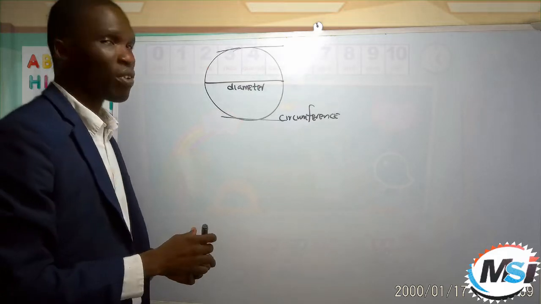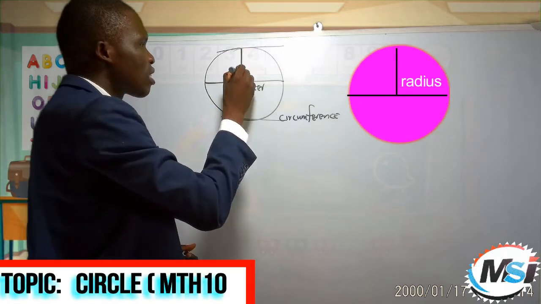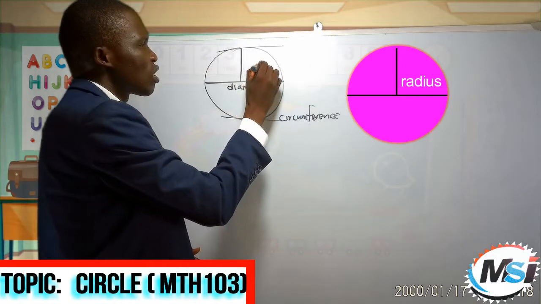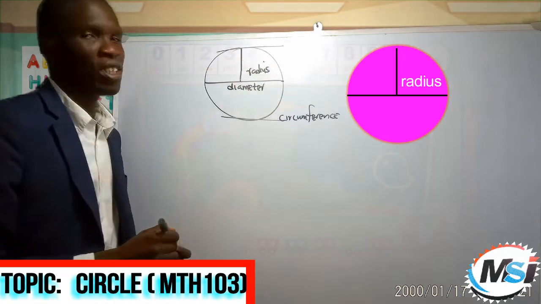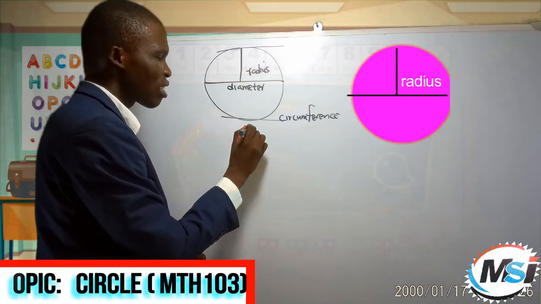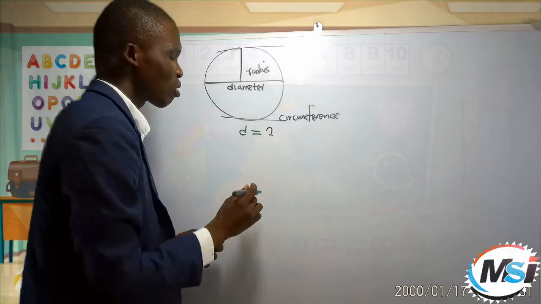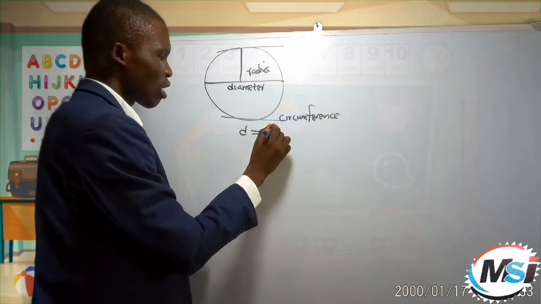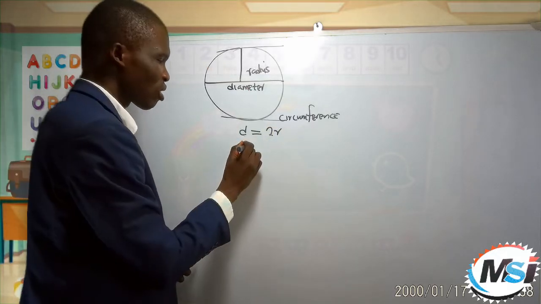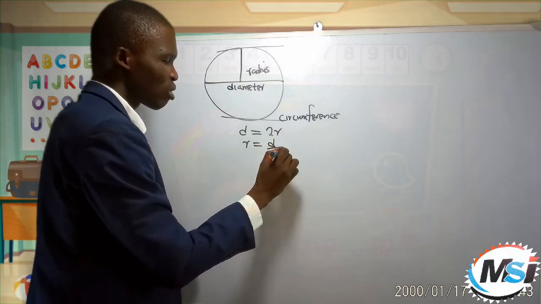Now when you divide diameter into two, let's divide this. This is what we call radius. That is telling you that diameter equals 2r, while radius equals diameter all over 2.